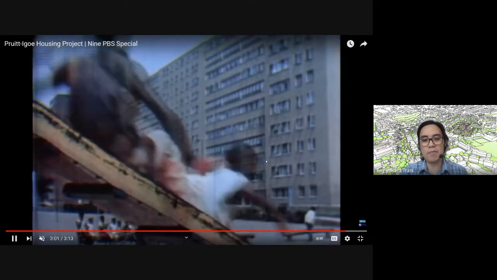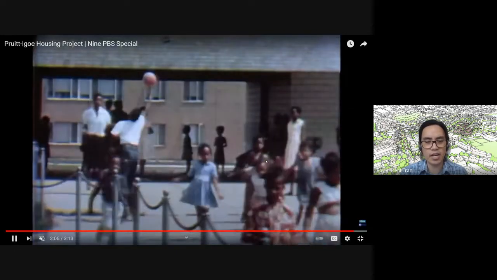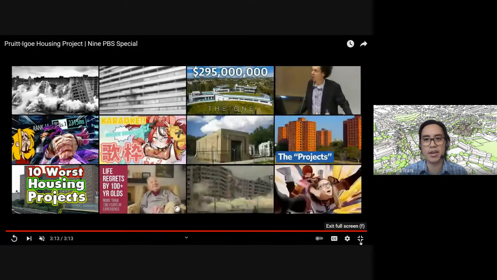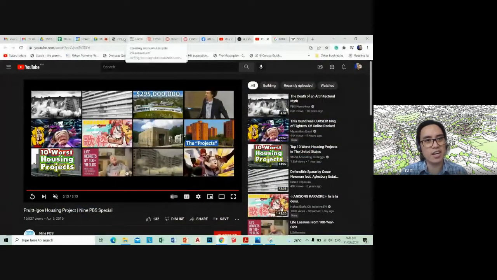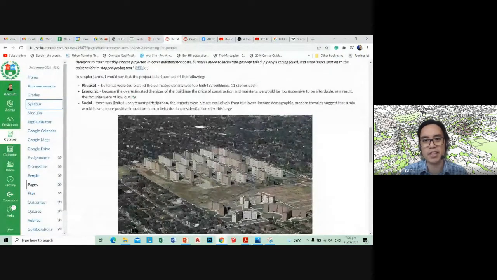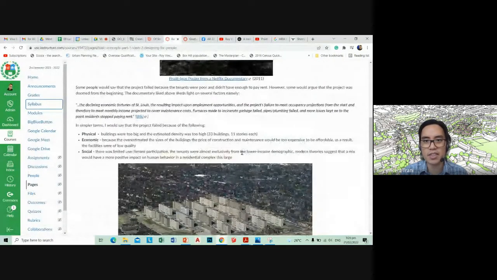But what ended up happening was the people who lived here were basically ostracized urban poor families, which mostly constituted Black American families. So there's a flavor of racism going on in these developments.